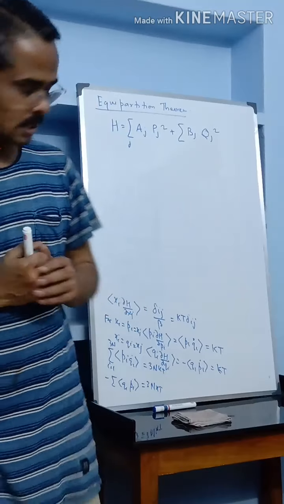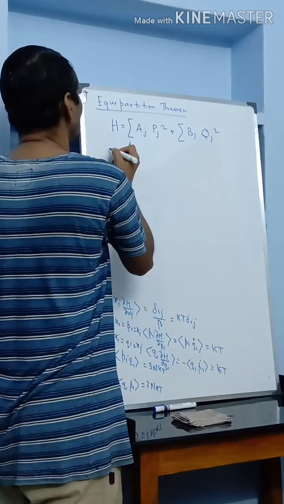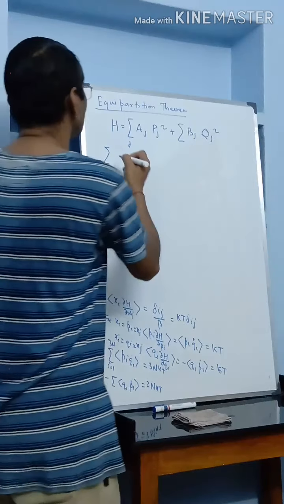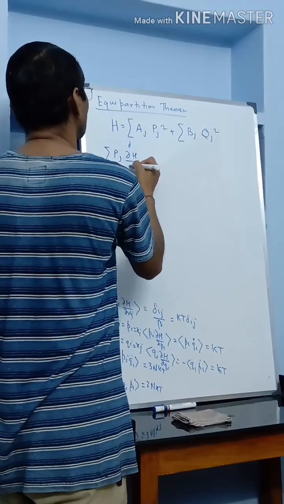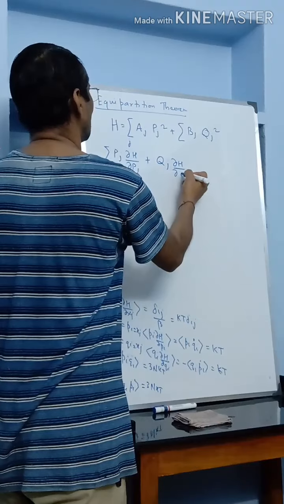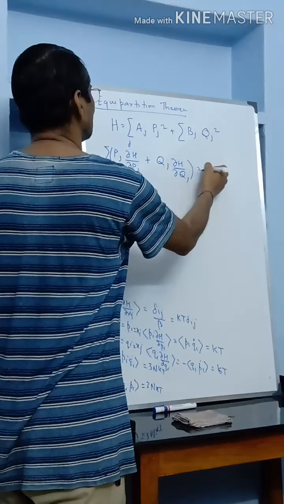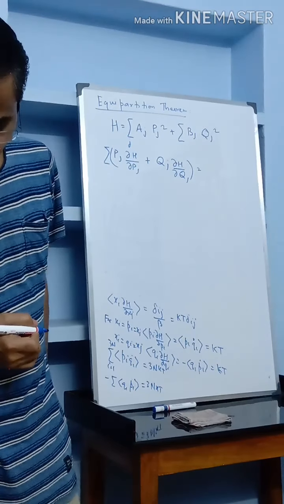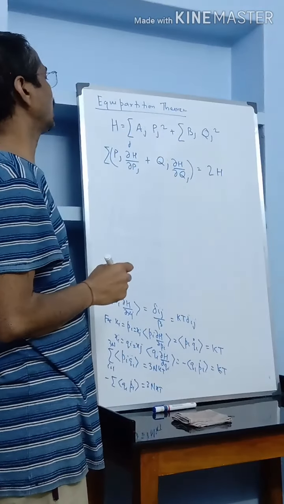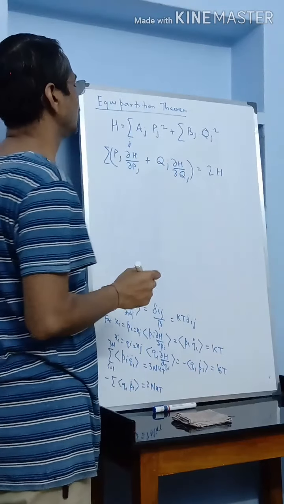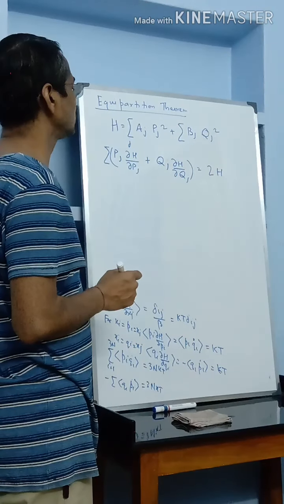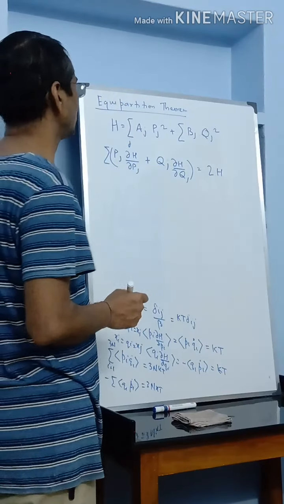Hence one can obviously write that summation of Pj del H del Pj plus Qj del H del Qj should be equal to twice H. One can easily verify from here, because you take del H del Pj, it would be twice aj Pj, and del H by del Qj, and then you multiply it, so 2 aj Pj square plus 2 bj Qj square, and that is going to give us twice the Hamiltonian.